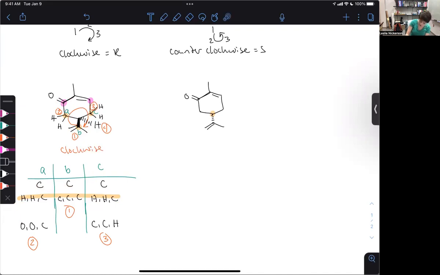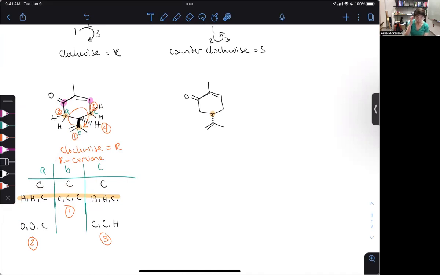Since I have my H in the back, that's going to be R. So that's what I'm looking for in this assignment. That stereocenter is R. So this is R carbon. And that's essentially how we would tell people which enantiomer we're working with, because we're saying it's the R one. And then people know how to draw that based on that information.